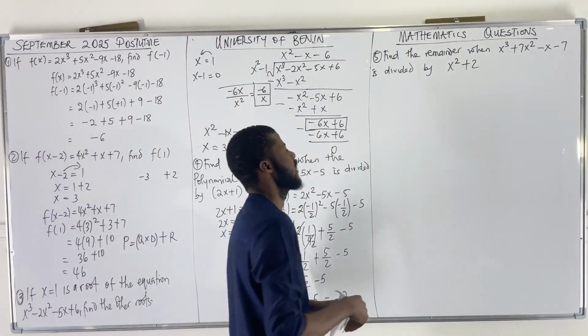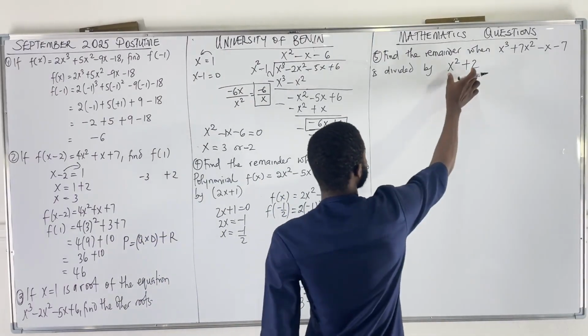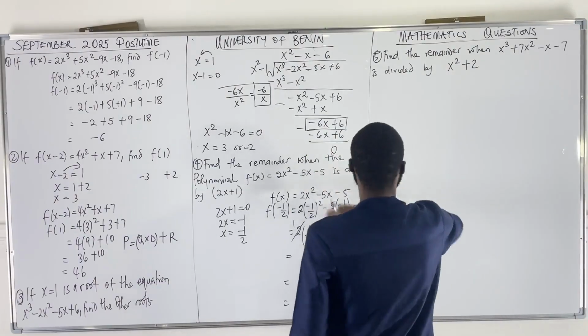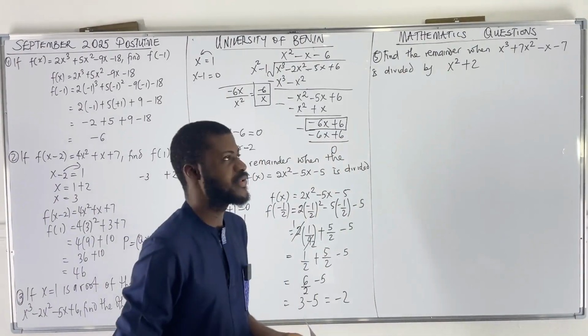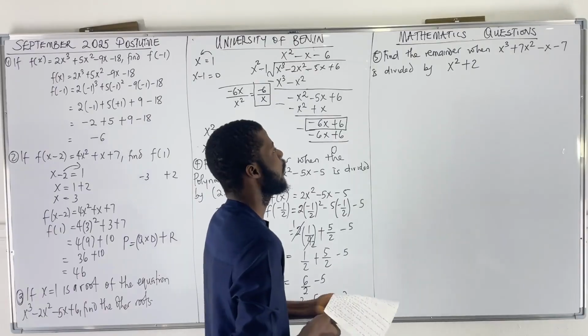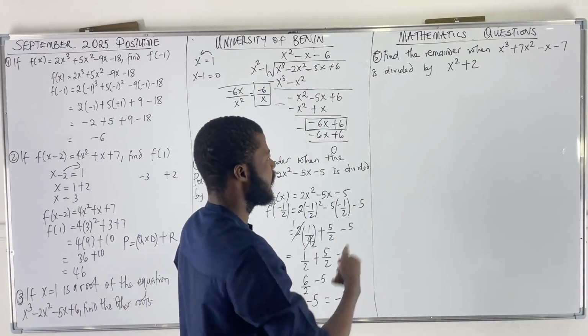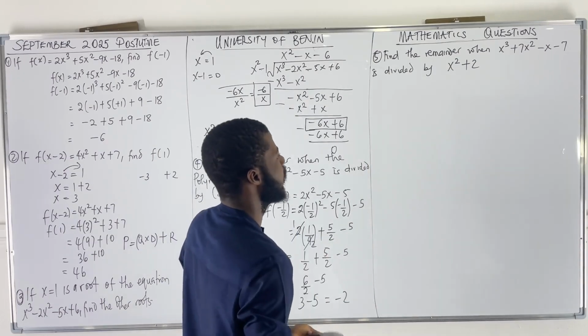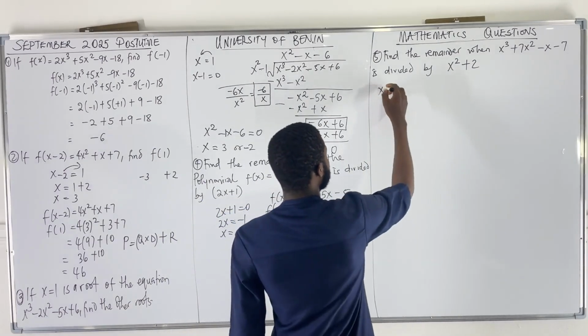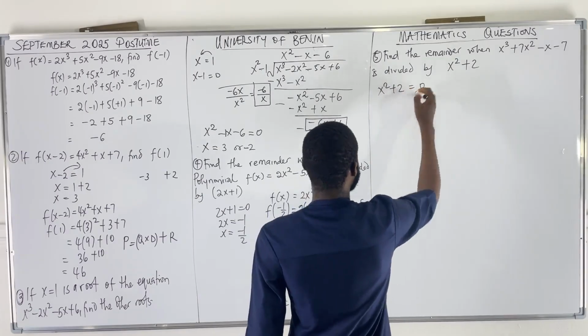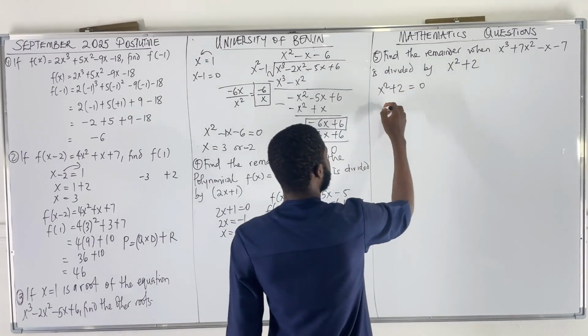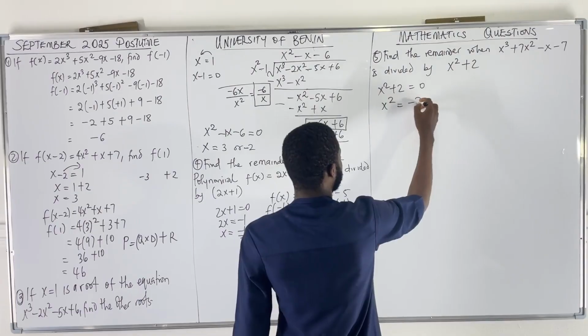So let me come here, let me explain. Since we want to still use this approach, when I was still in secondary school, I would see this problem and just go straight to using long division. But I found out that I could actually still manipulate that. So I could say this is s squared plus 2 equal to 0. Same process, then s squared equal to minus 2.